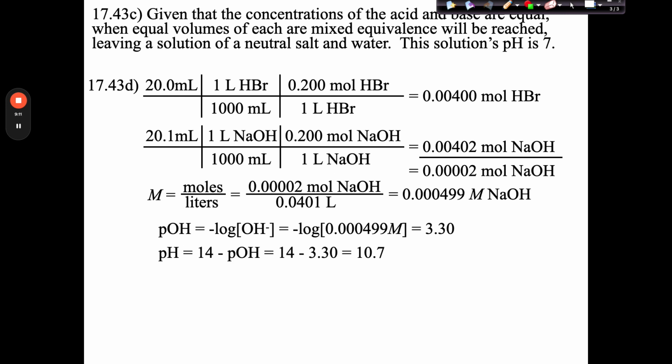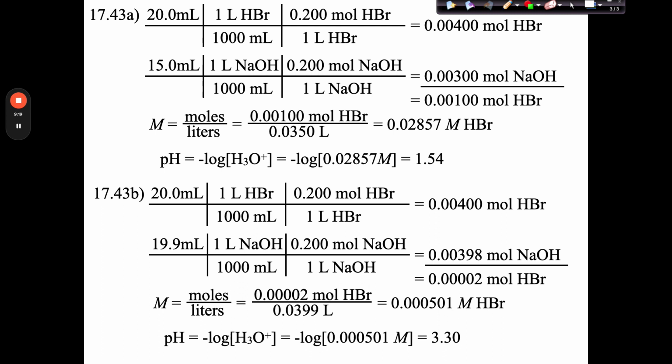Big minus little gives you the amount of stuff that's not reacted, whether base or acid, and that's what determines the pH. Then we divide by the sum of the volumes converted to liters, and that gives us the molarity. You asked a really good question.